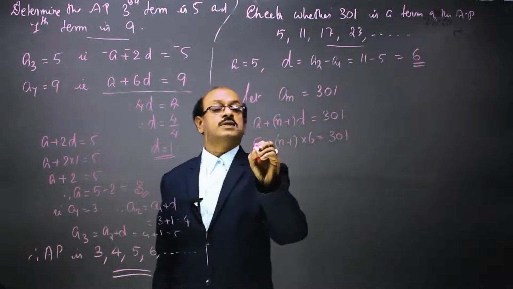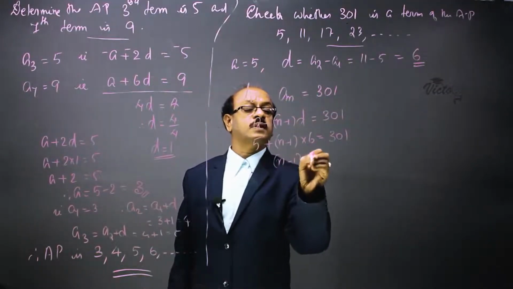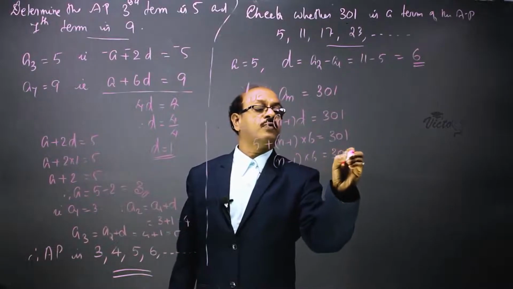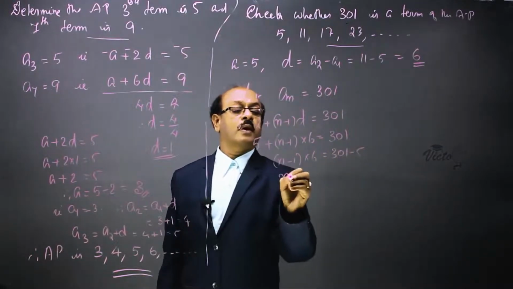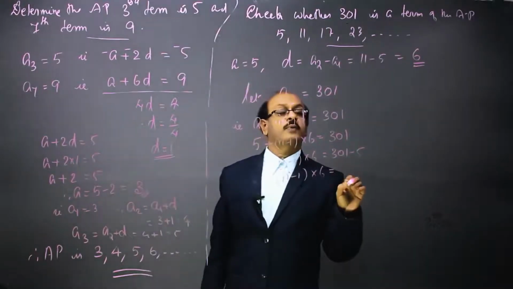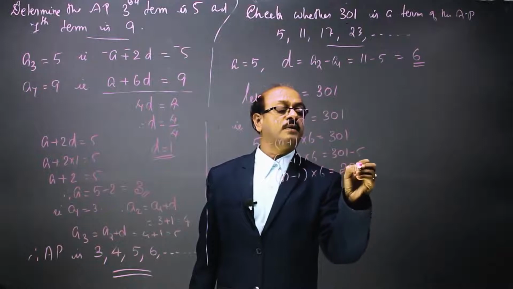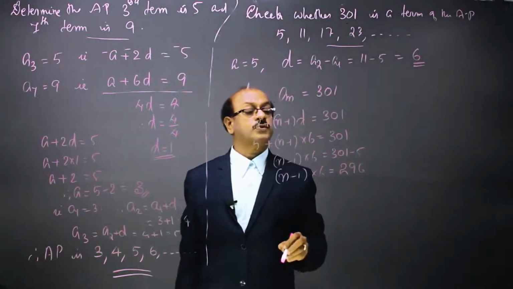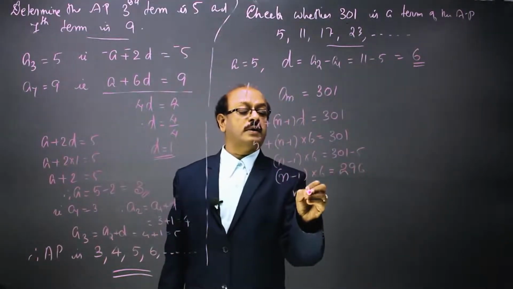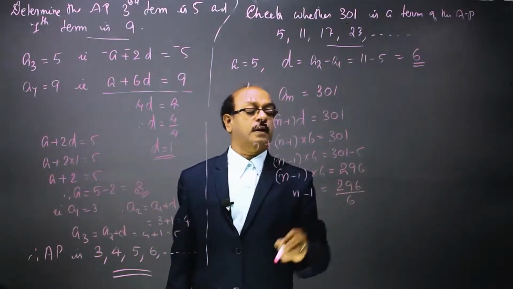We are changing 5 to the right side. N minus 1 into 6 is equal to 301 minus 5, which is 296. So, the value of n minus 1 is equal to 296 divided by 6.